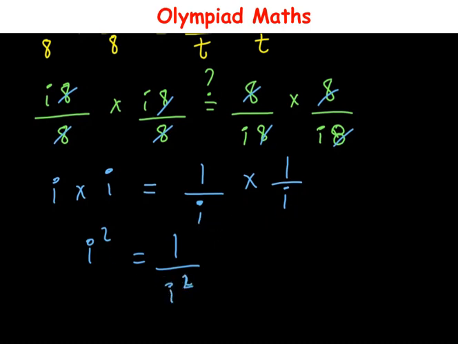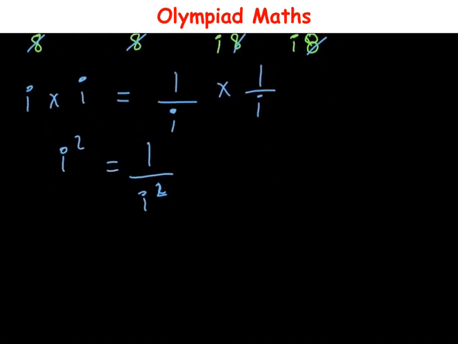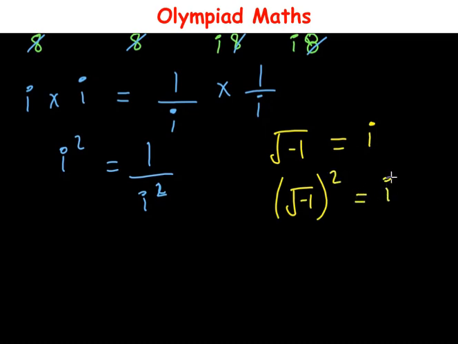Okay, good. So from here, recall that the square root of minus 1 is equal to i, right? Now, if you square both sides of the equation, the square root of minus 1 all squared is equal to i squared. From here, the square cancels the square root, we have minus 1.